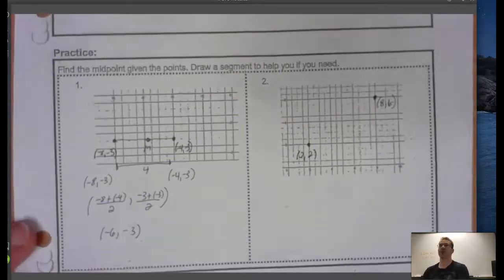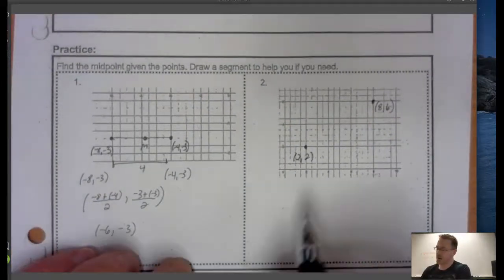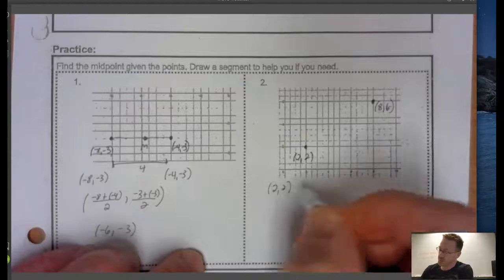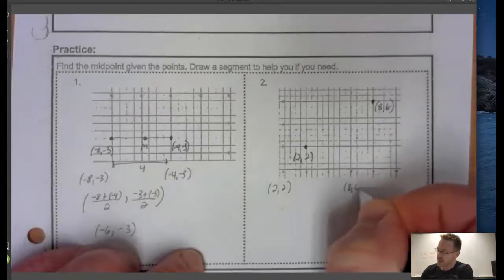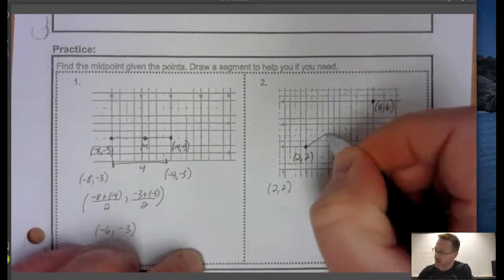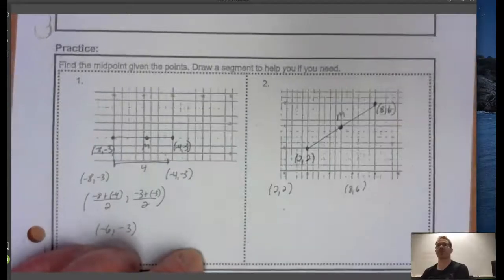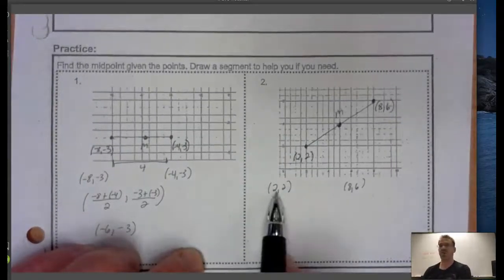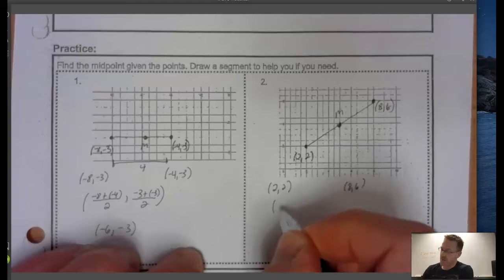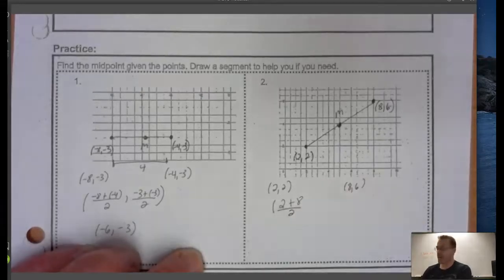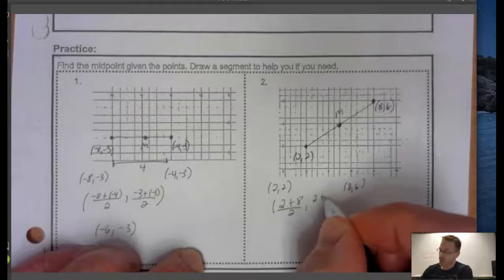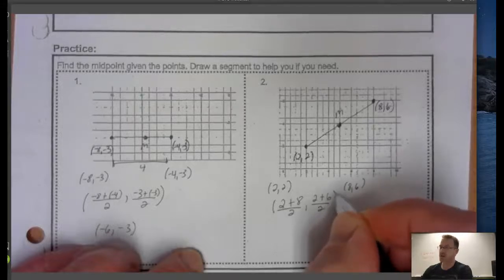Let's do one more. Let's look at problem 2. The point here is (2, 2), and the point here is (8, 6). We have our line segment here, and we want to find M, which is the midpoint. If we follow the midpoint formula, I add my x's, 2 plus 8, and divide by 2, and I add my y's, 2 plus 6, and divide that by 2.